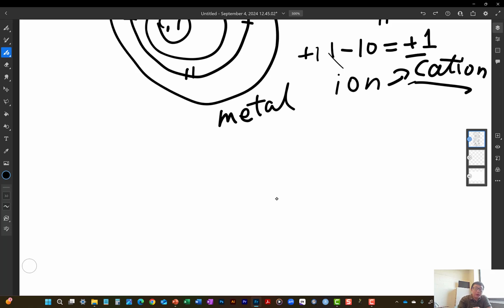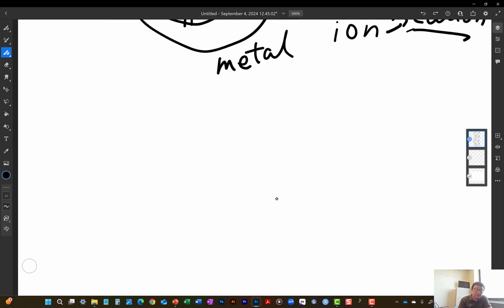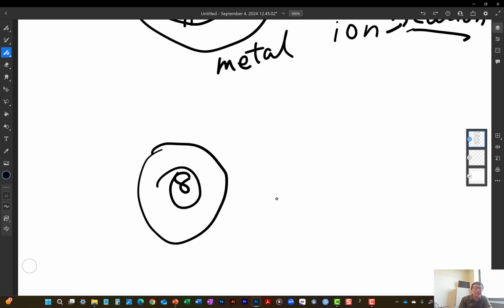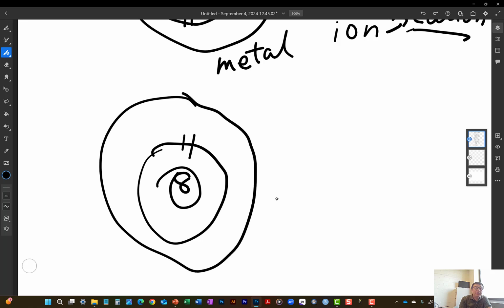And then we have another type of atom. Let's take back, if you remember, this is oxygen. 2 electrons in shell 1, and 1, 2, 3, 4, 5, 6. This is oxygen. You see, this is the opposite of sodium or other metal atoms.